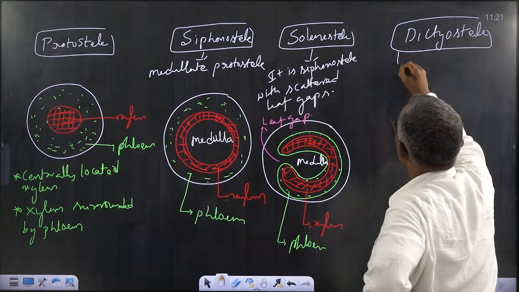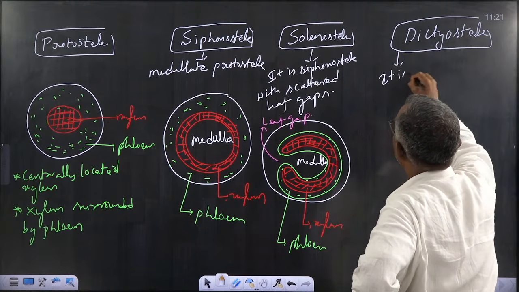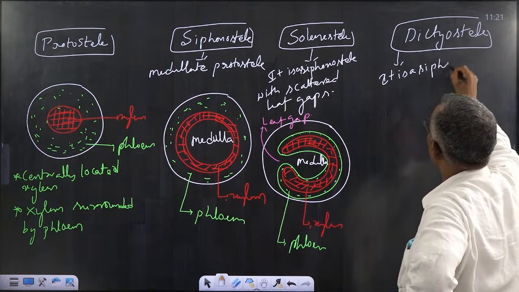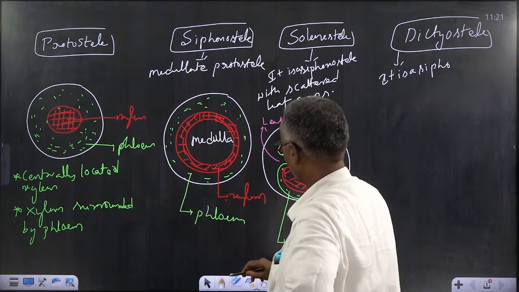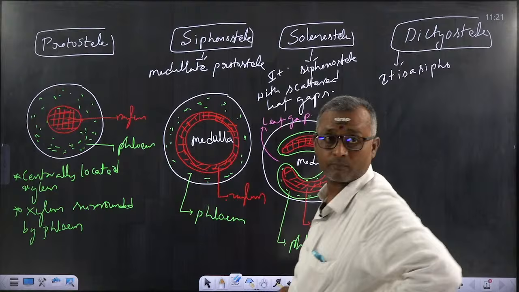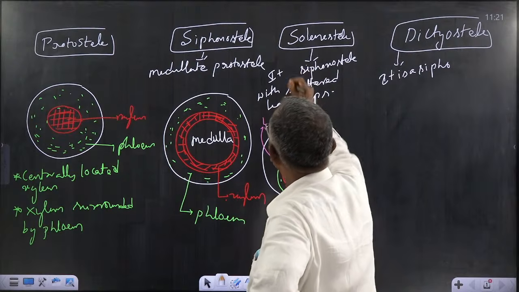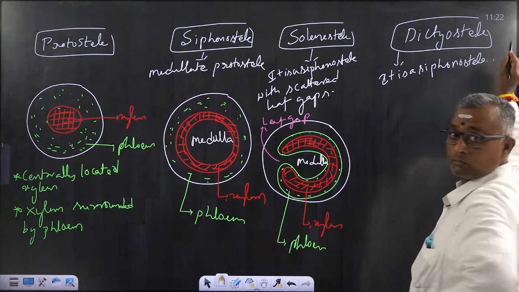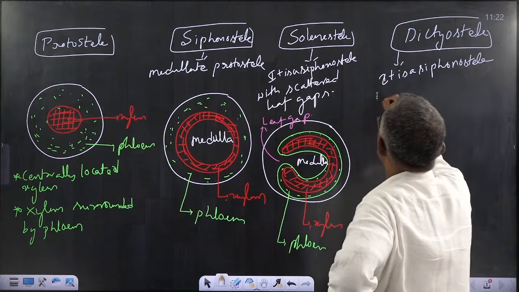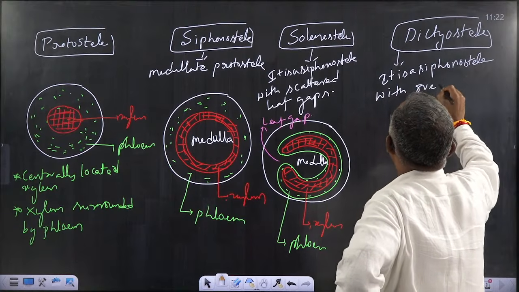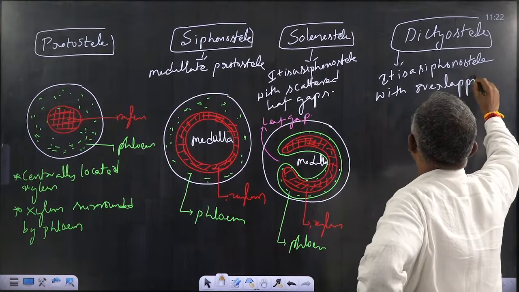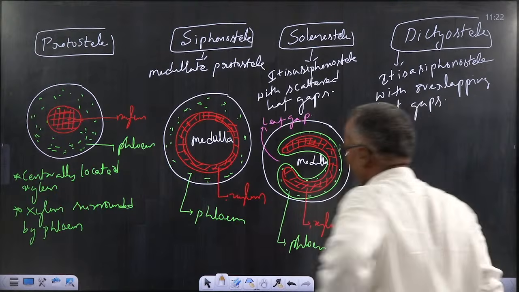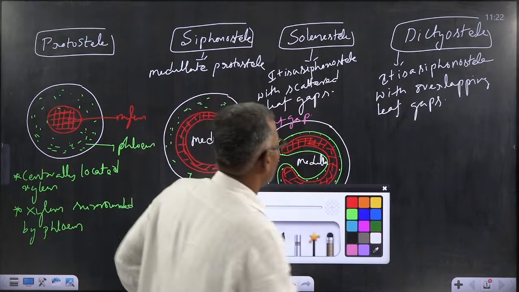Dictyostele. So this is also a siphonostele, a siphonostele with overlapping leaf gaps. Let me show the diagram so that it will be clearer.